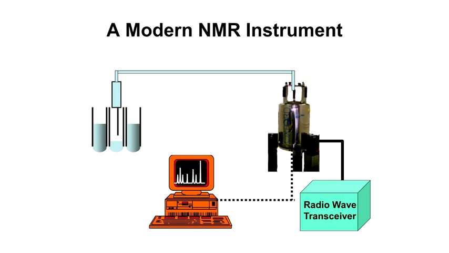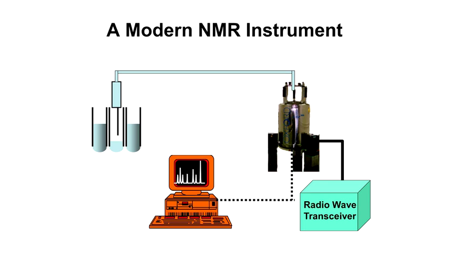From the flow cell, the sample is exposed, or the NMR tube, to these radio frequency waves. You have both a transmitter and a receiver, so it's a giant-sized radio, basically what's beside the NMR magnet. It transmits the radio frequency, measures the absorbance, and then the absorption signal is transmitted to a computer, which will do various tricks to make the spectrum look nice.